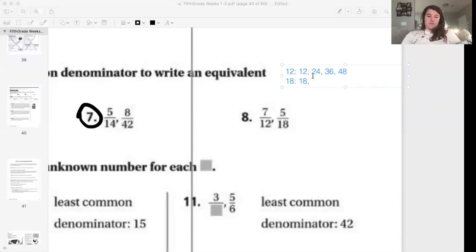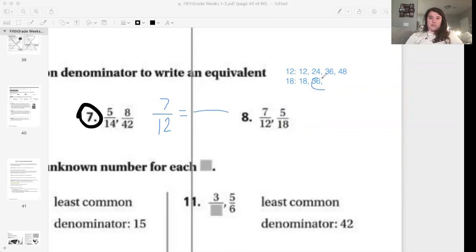So that would actually give me 36. And then if I look, 36 is already a choice. So I can stop. I don't have to go back and add more. But then I do need to do the next step. So I would have 7/12 is going to be equal to something over the 36 that we just found. So over 36. So that's my first fraction.